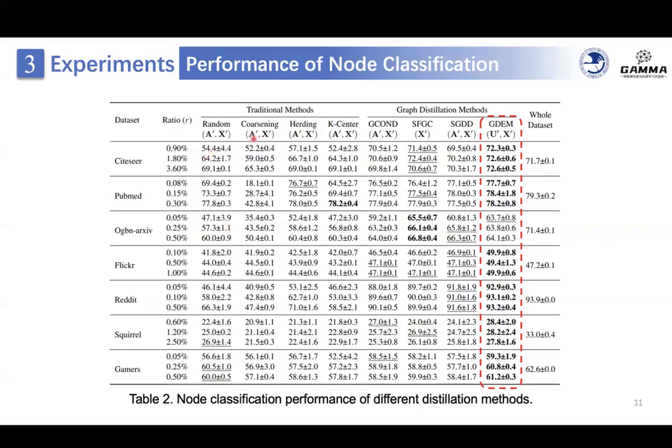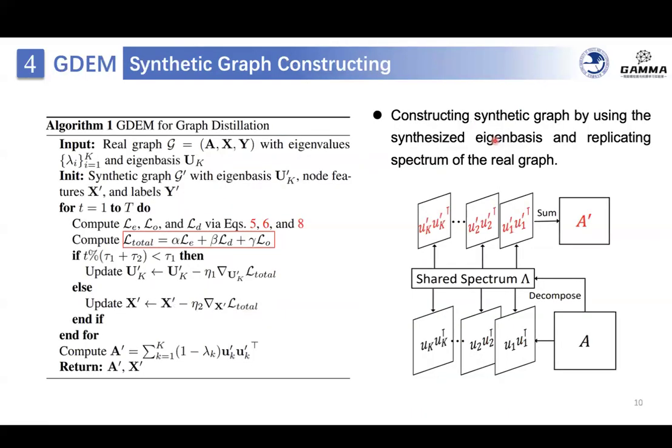The U bar means the synthetic eigenvectors, and we directly replicate the spectrum, namely the eigenvalues of the raw graph, and to constrain the A bar.